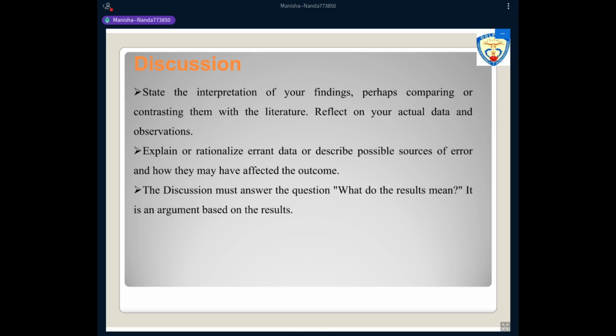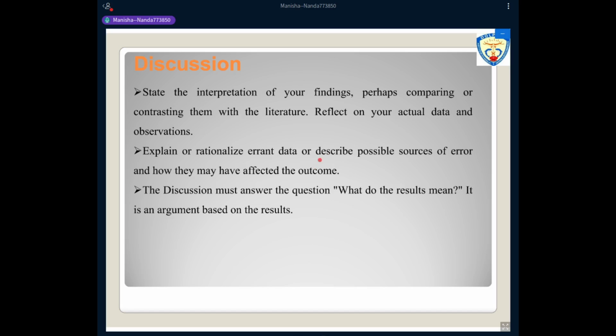Suppose there is a contradiction, then again you have to discuss the reasons how these contradictions could have arisen. Explain or rationalize errant data or describe possible sources of error and how they may have affected the outcome.